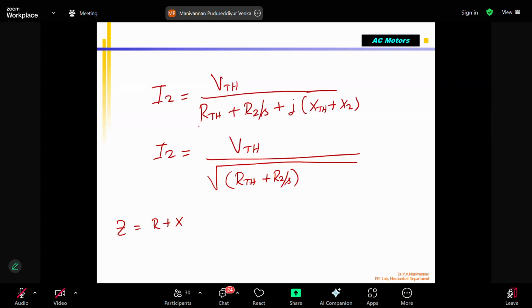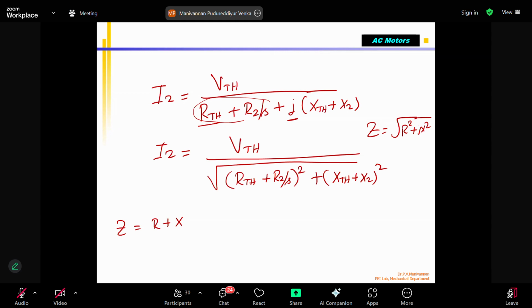Here R has two components, resistive parts, R Thevenin and R2 by S, so these two can be added. Similarly, these two reactances are added, as shown here. To find the equivalent Z, you know that Z equals the square root of R squared plus X squared. Complex quantity we are trying to make into a real magnitude.